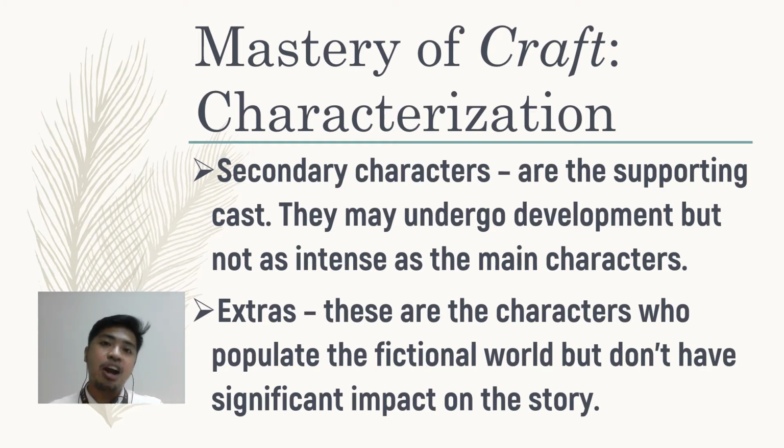Secondary characters may undergo development, they may also undergo growth, but the growth or the development is not as intense as the main characters. Lastly, we have what we call extras. When we say extras, these are the characters that usually populate the fictional world, but most of the time they do not have significant impact on the story. They're just there to populate your fictional world. That is what we call extras.